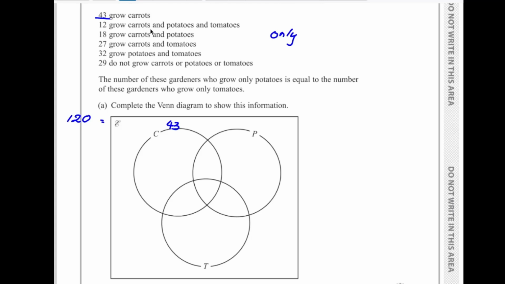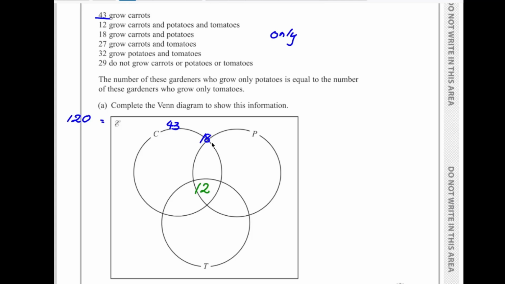12 grow carrots and potatoes and tomatoes. Now 12 grow everything. This is the very first thing that we gotta fill. After that, 18 grow carrots and potatoes. Again, 18 represents this whole thing. Therefore, we write it here.